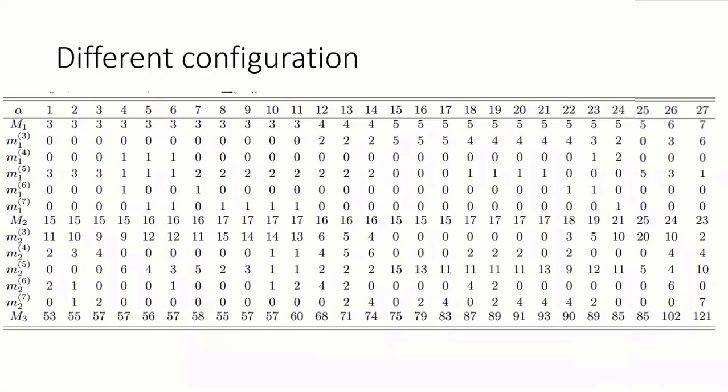So here I show the configuration up to second link. So this is the first link configuration, and this is the second link configuration. So totally by second link, we can construct 27 different structures. You can distinguish 27 structures in Penrose lattice.